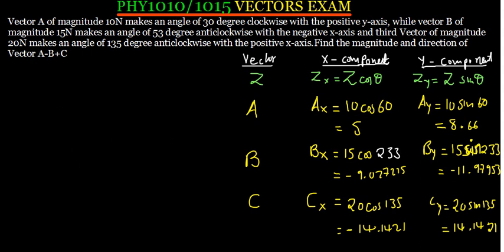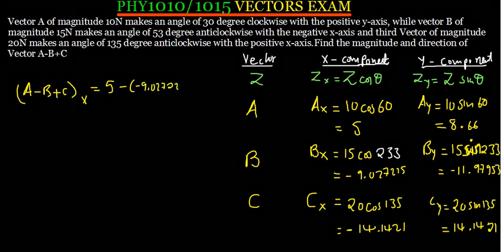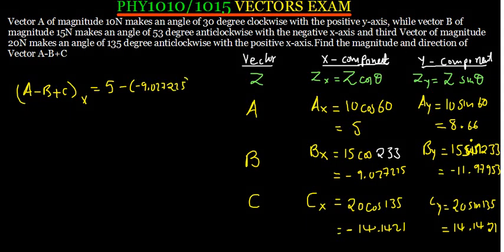Now remember what you want to find is A minus B plus C. So you need to find A minus B plus C for the x components alone. So you go to the x component of A, that is 5, minus the x component of B, that is negative 9.027225, and then plus C, the x component of C, which is negative 14.1421.